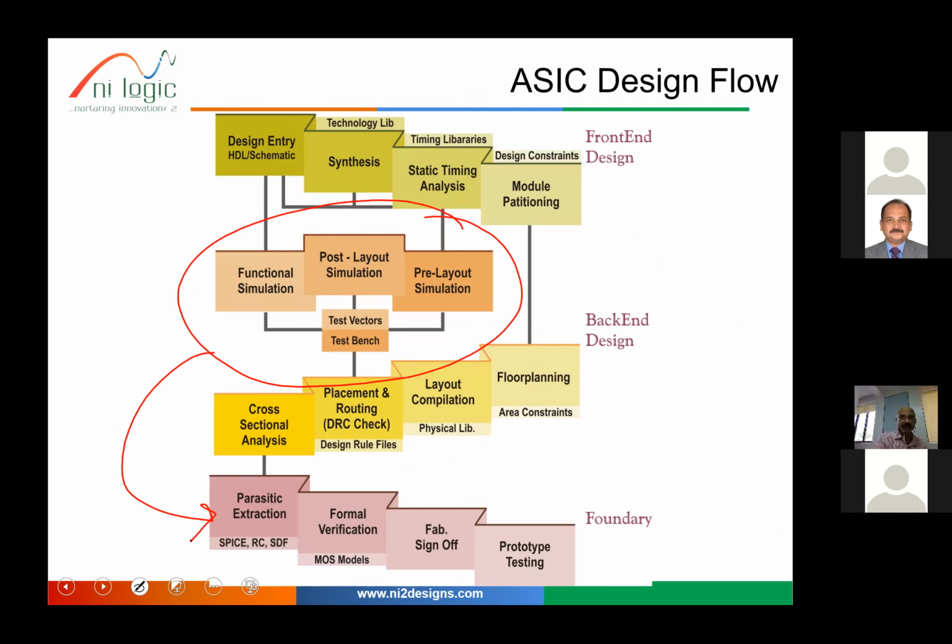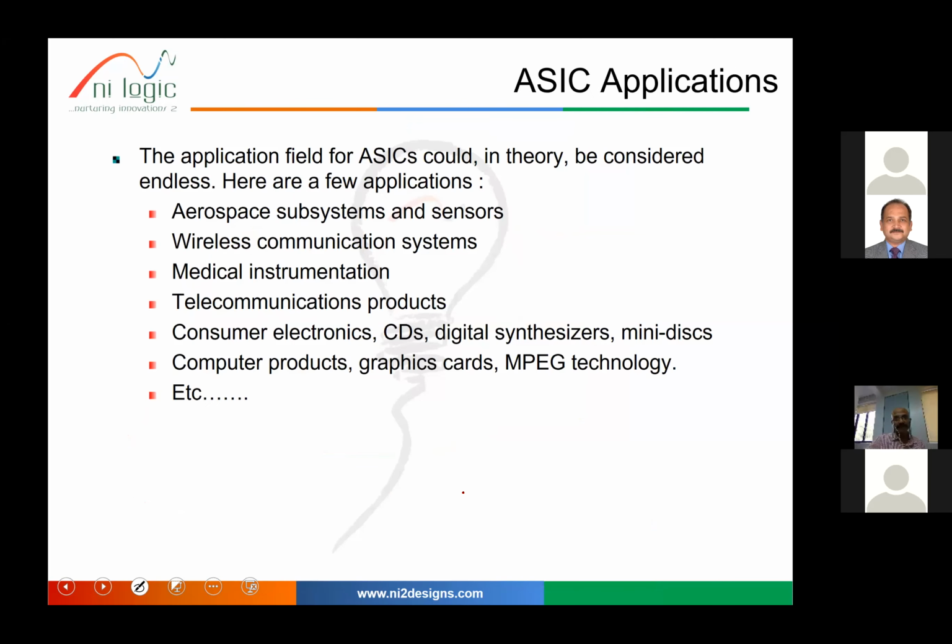So based on all this verification and the description of the materials, the fab sign off happens, and you just give a green go flag to the fabricator that yes, you can go for the prototyping, and once a prototype is validated and functionally okayed, then you can go for the mass production. Okay, so this is just a general overview on how the design flow happens.